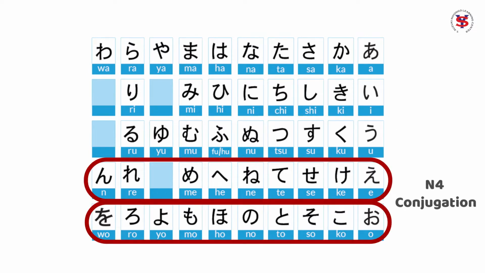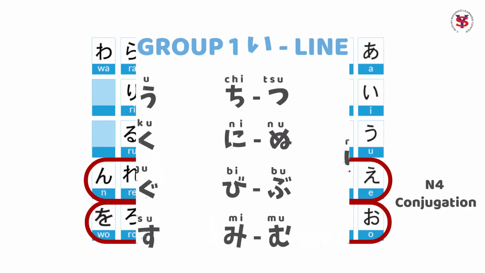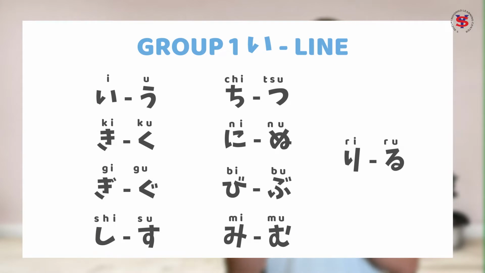Now, our E and O lines ang wag mo muna nating pansinin yan. So, gagamitin natin ito sa ating conjugations. But, for today, para makakonjugate ng dictionary form sa group 1 na ang I line, so that's i, ki, gi, shi, chi, ni, bi, mi, and di.